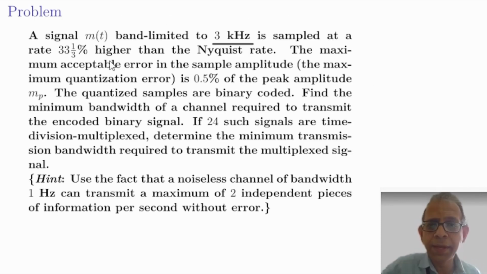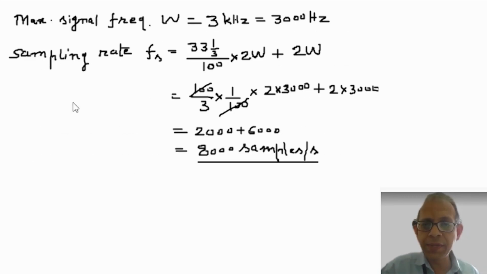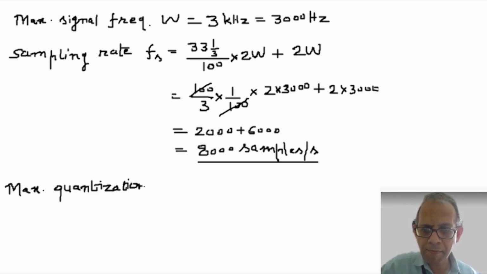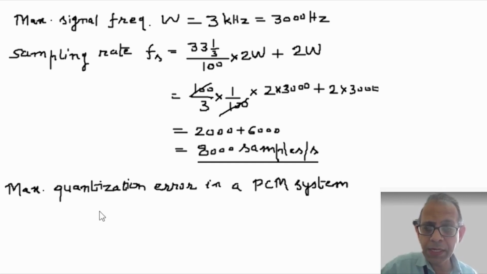Next, the maximum acceptable error in the sample amplitude, that is the maximum quantization error, is 0.5% of the peak amplitude mp. Now we know that the maximum quantization error in a PCM system is equal to delta by 2.